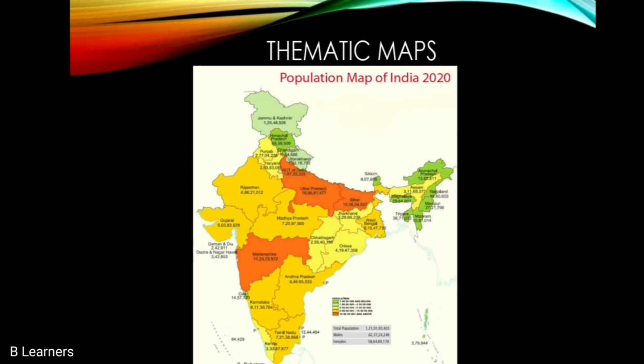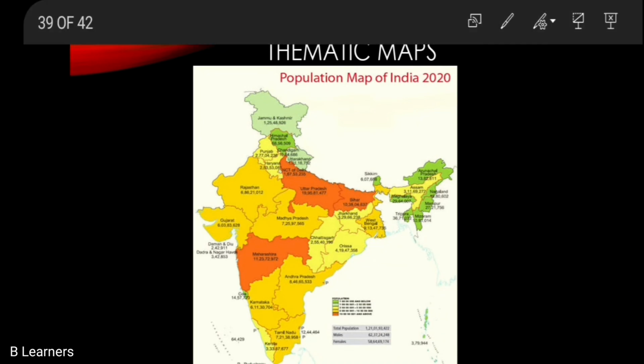So next map, we have the thematic map. Thematic, you have to see the word very carefully. If you see the word thematic, you will find there is the word THEM, so it is basically originated from theme.